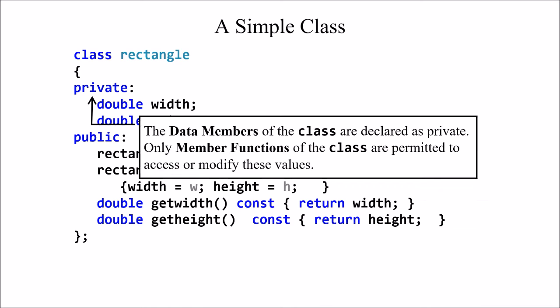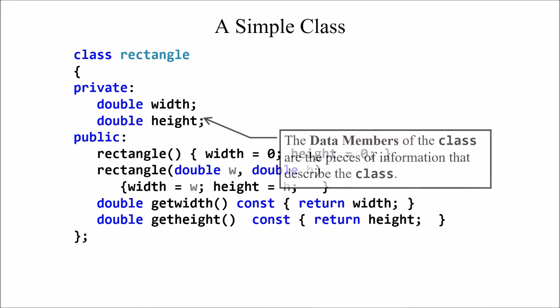The first declaration in the class are the private members, and I'm declaring the data members of the class as private data members so that only member functions inside the class are permitted to access or to modify these values.